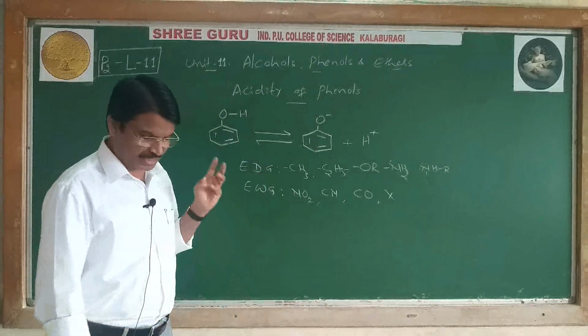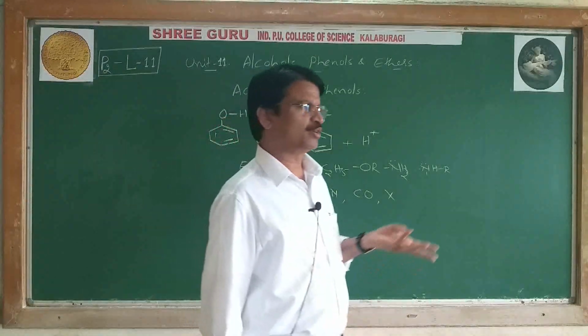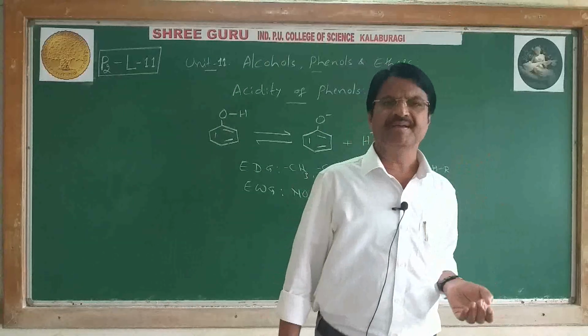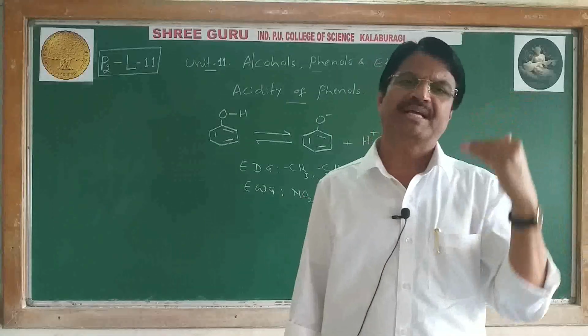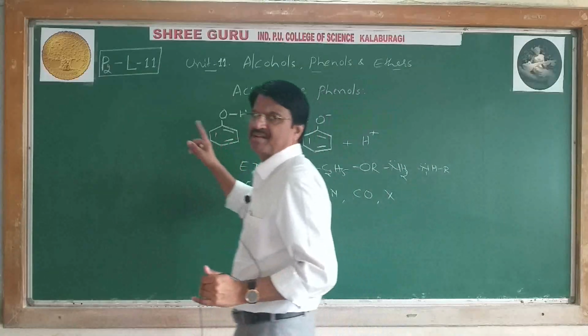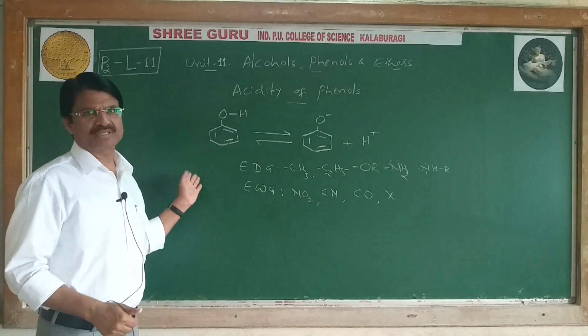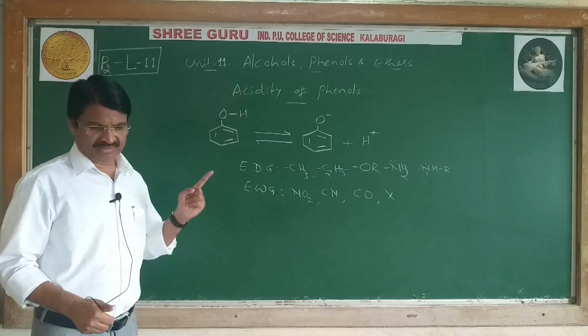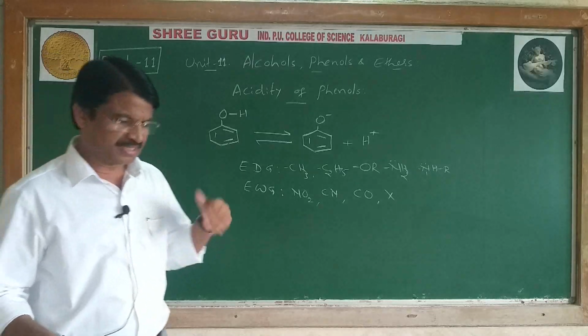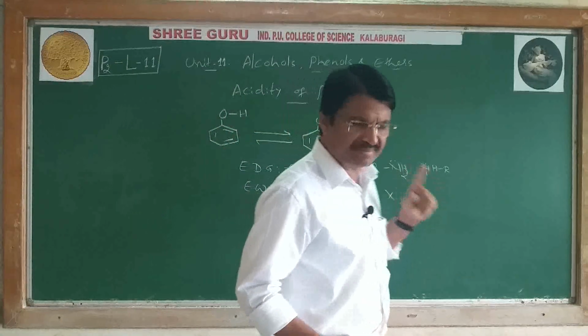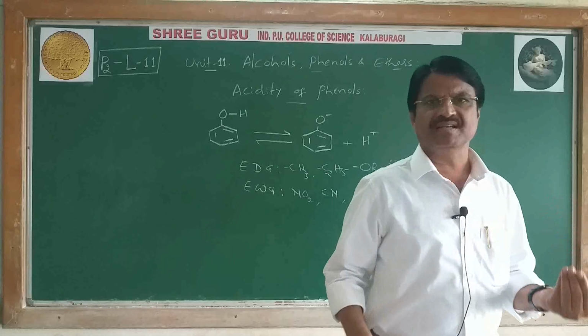That's why nitrophenols, maybe ortho nitro, meta nitro, para nitrophenols, all these are said to be what? More acidic than phenol, or they are stronger than phenol. Even if you study pKa values or Ka values, right? If pKa value is less, acidic strength is more. If Ka value is less, acidic strength is less.